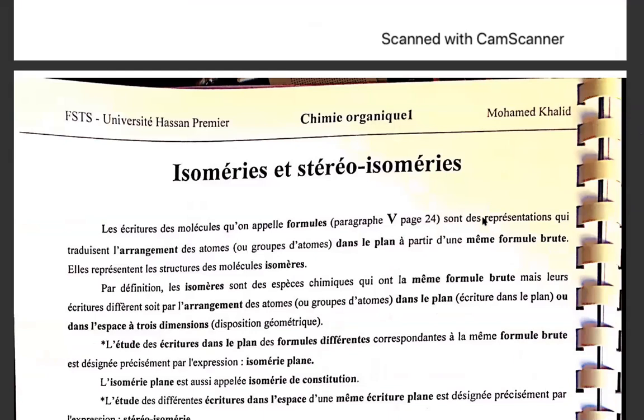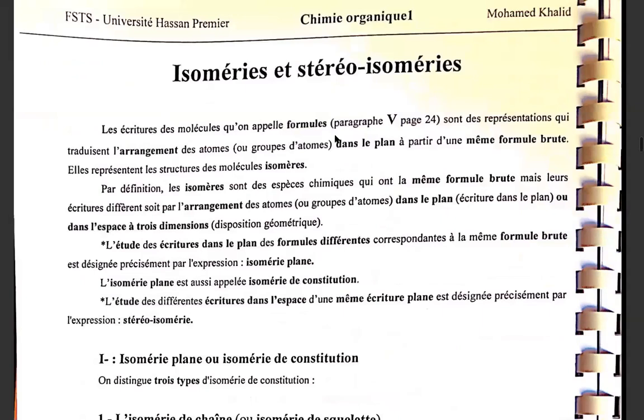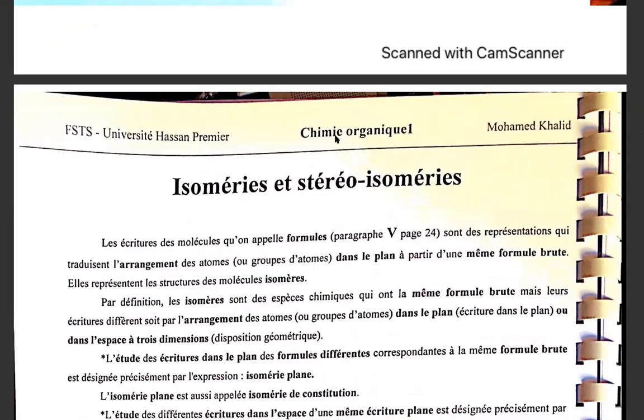So an isomer, first of all, what is an isomer? Guys, this is not new data. Isomers are compounds having the same molecular formula but different structure formulas.